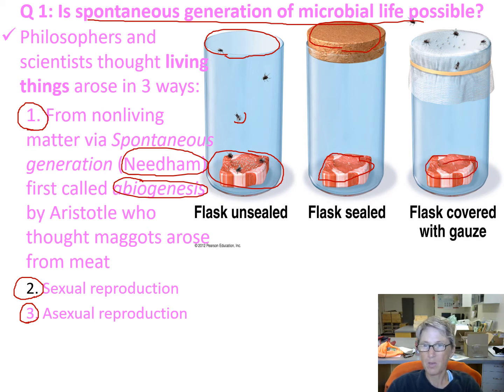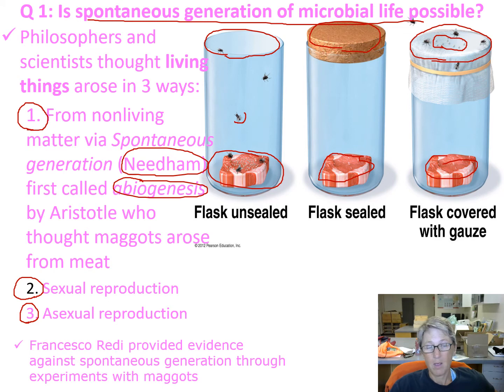Then he put this piece of gauze around the top, and I guess the flies could smell the meat somehow, and they found maggots on the top of the gauze. So Francesco Redi provided evidence against spontaneous generation through experiments with meat and maggots and flasks.